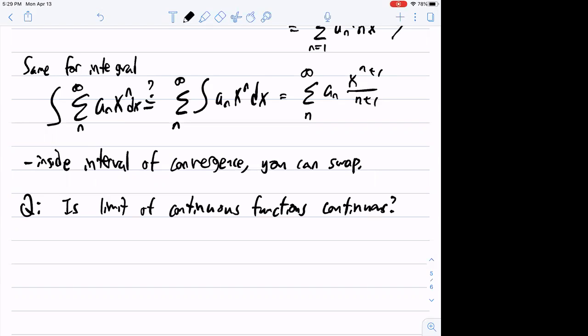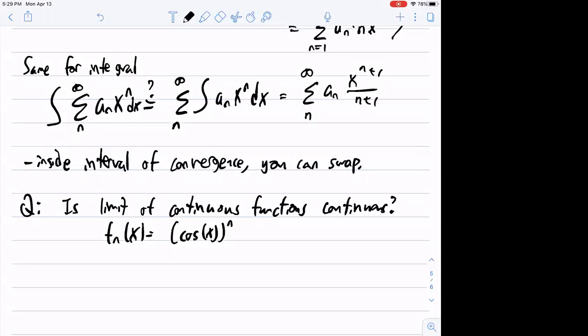If I gave you a sequence of continuous functions, let's say f_n of x is cosine of x to the n, certainly for each n this is continuous. For n equals 1, cosine of x is continuous. For n equals 2, cosine squared is continuous. Cosine cubed is continuous, and so on and so forth. But is the limit continuous?